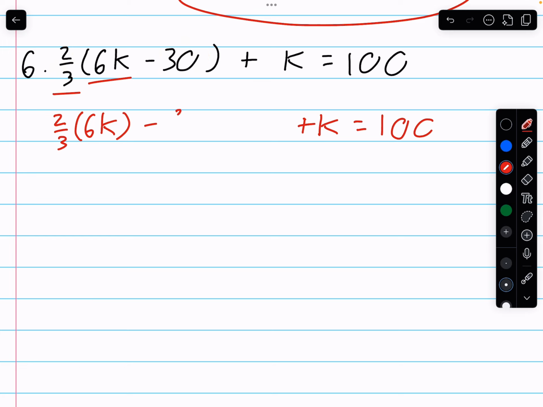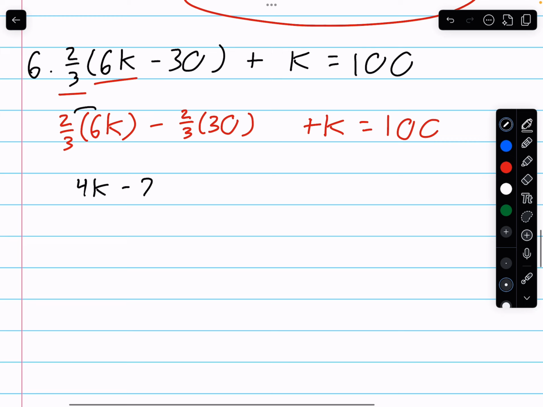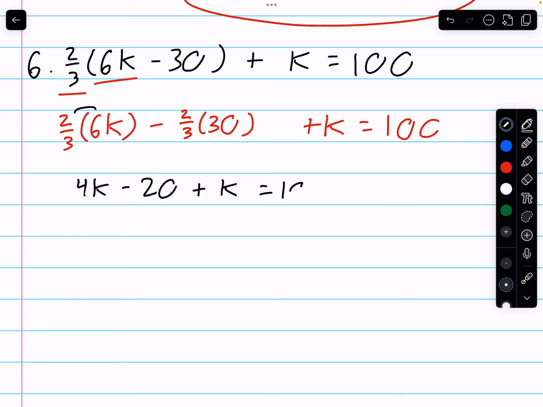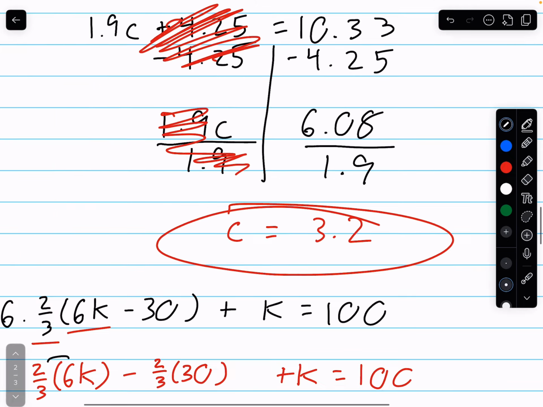Okay, so to deal with them, I'm going to use my calculator. I'm going to multiply this in my calculator and I'm going to get 4K and I'm going to get minus 20. And again, I have yet to do anything here. Okay, this stuff, I can just bring it down. I'm going to scoot it closer together just to make my life easier. Okay. Now this looks pretty similar to the problem we just started with.